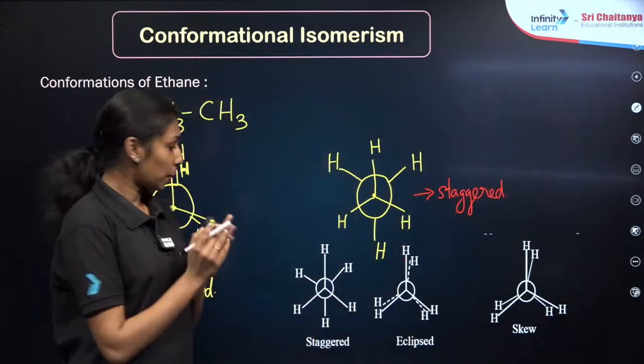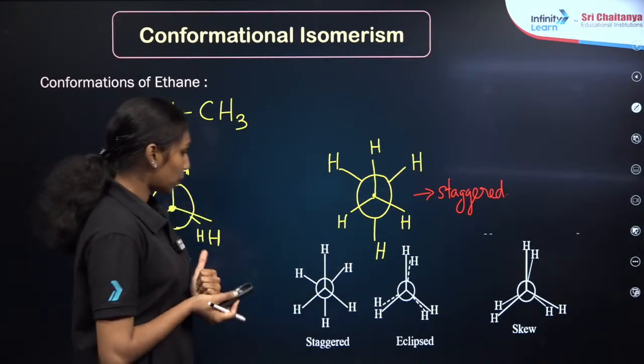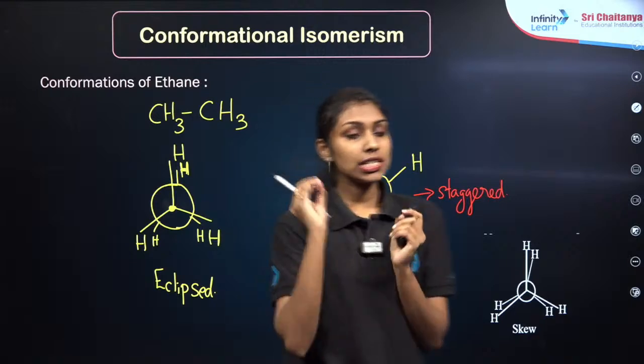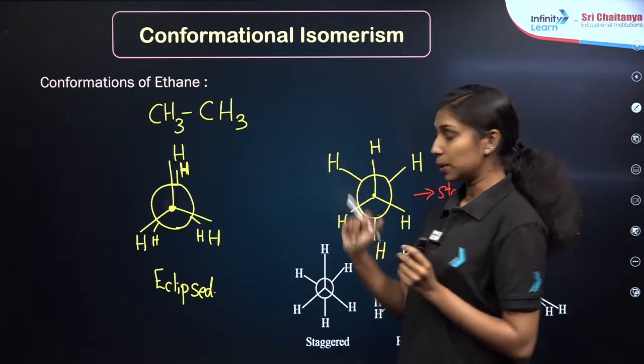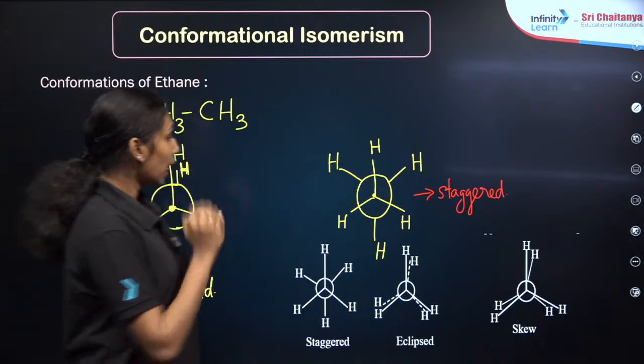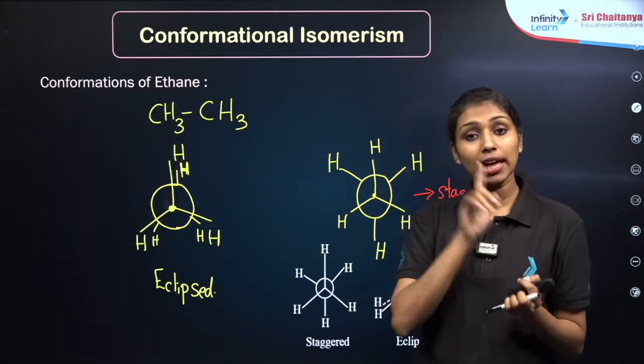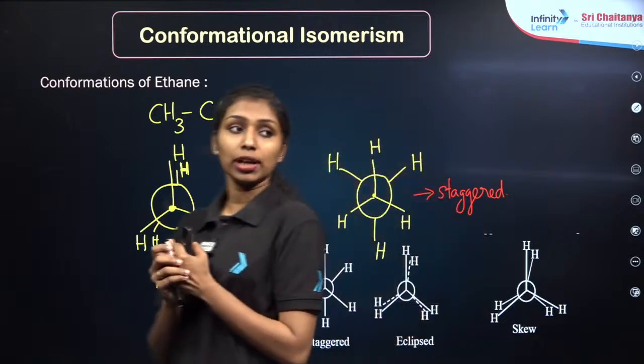So this is the exact representation of staggered and eclipsed conformation using Newman projection. In between these two structures, if I rotate the second carbon, I can get more possibilities of isomers. Any of the conformational isomers that exist between eclipsed and staggered form is known as skew conformation.